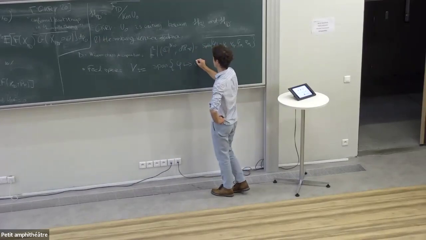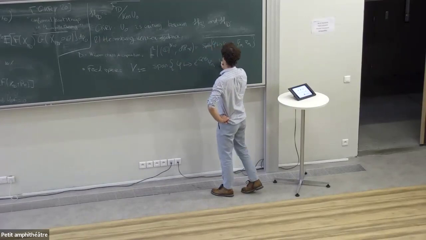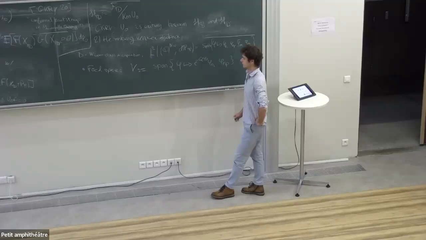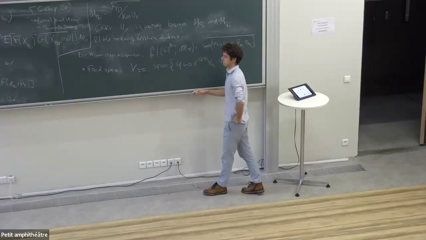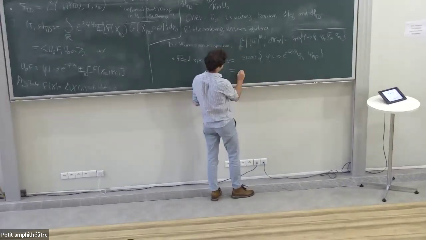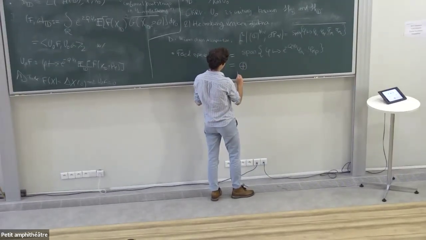I just twist it a little bit, minus q phi 0. So I look at such maps. And then the question is, why is it a Fock space? Because you can write it in the following way.